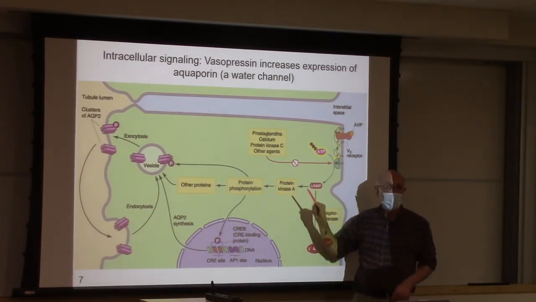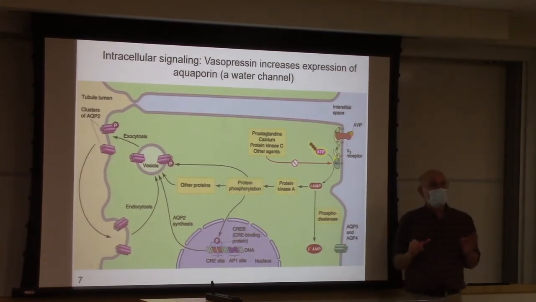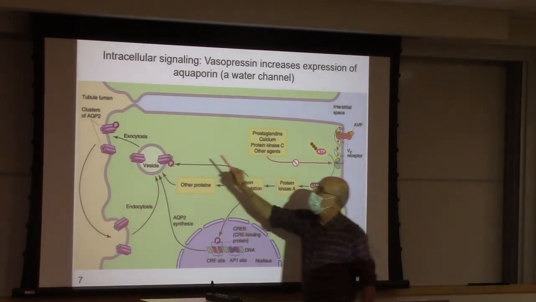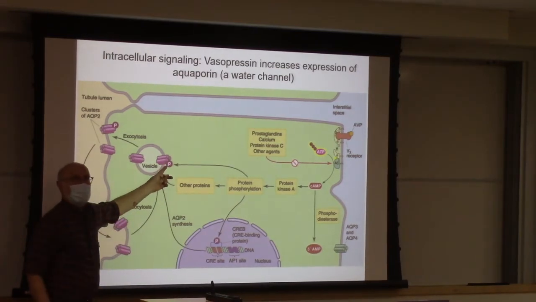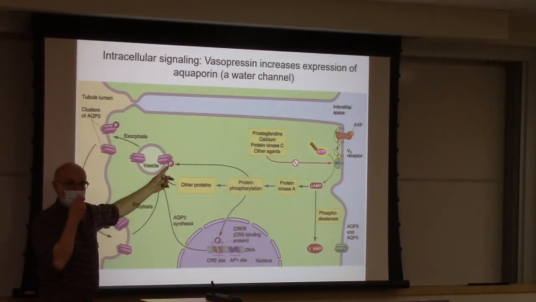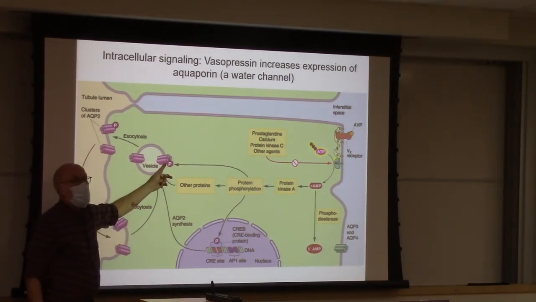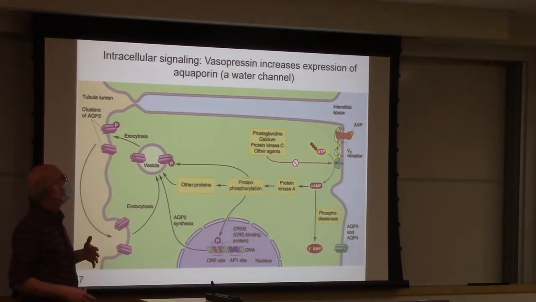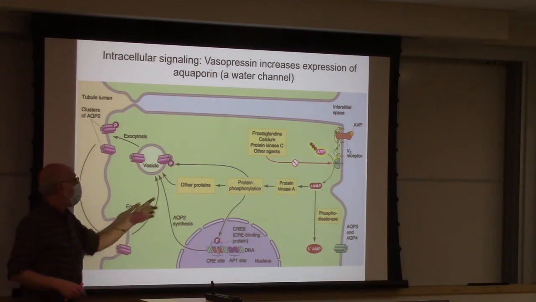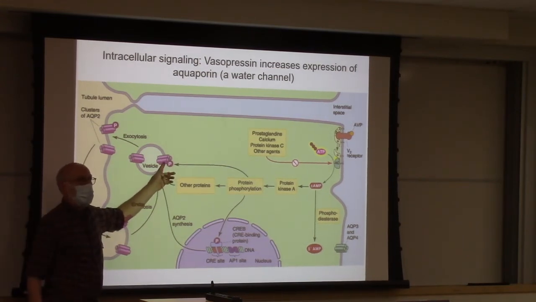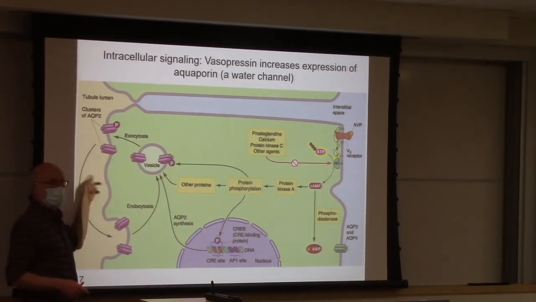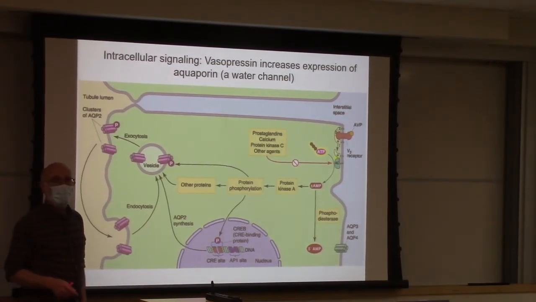This is PKA. PKA in this story phosphorylates two key things. It phosphorylates a water channel called aquaporin. It's got a helpful name. Aqua, water, porin, channel. Aquaporin is a water channel. It's a water-specific membrane protein that allows water to flow across the membrane.